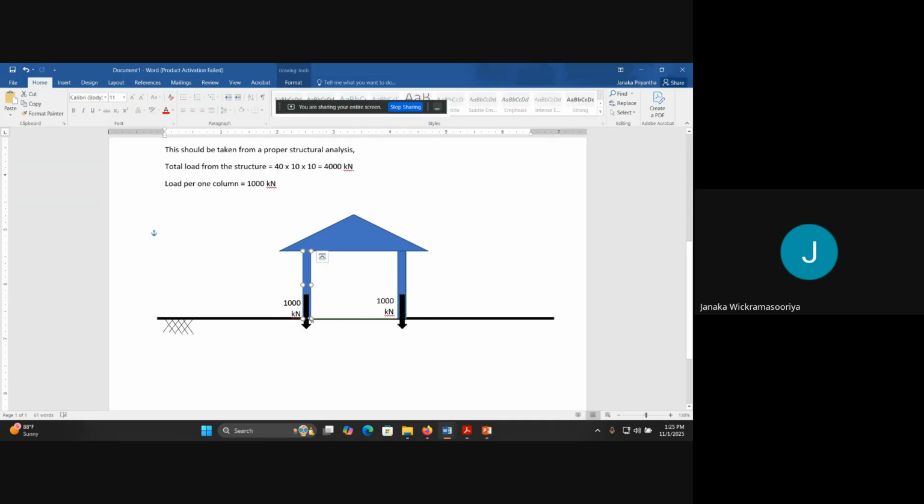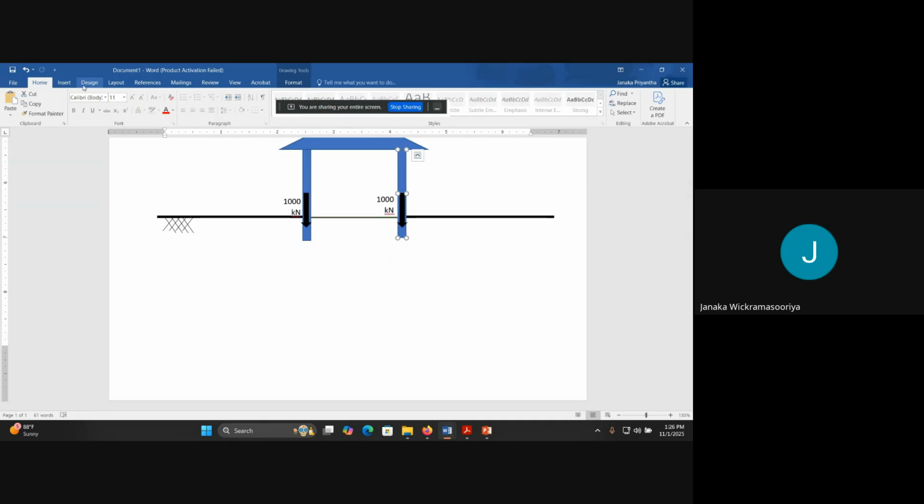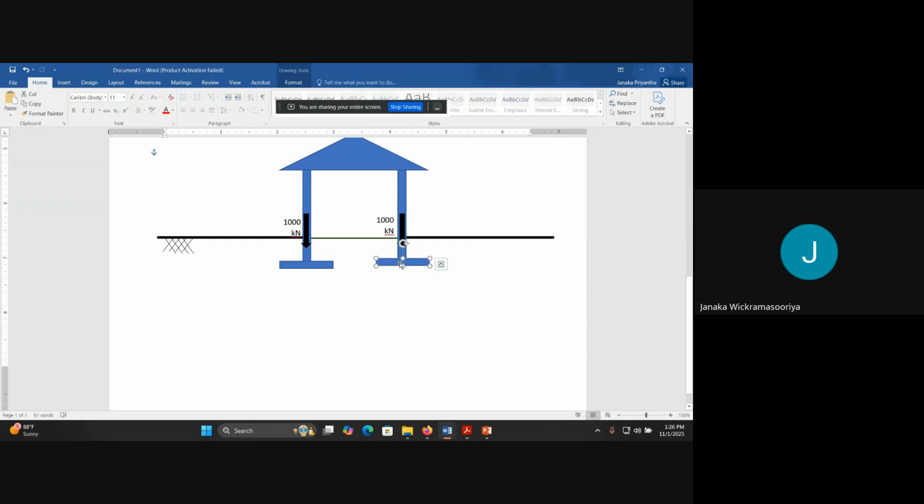And this comes up to the column base, and the column base will transfer that load to the ground. Right? That is what happens.